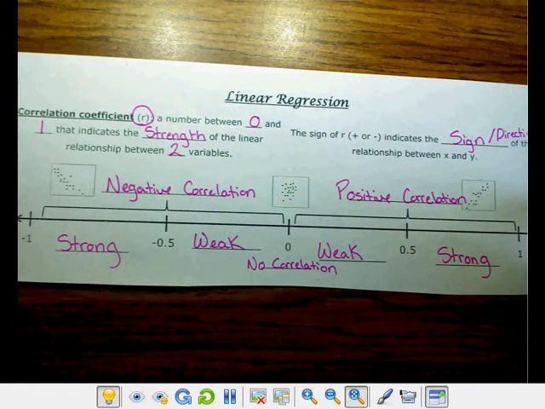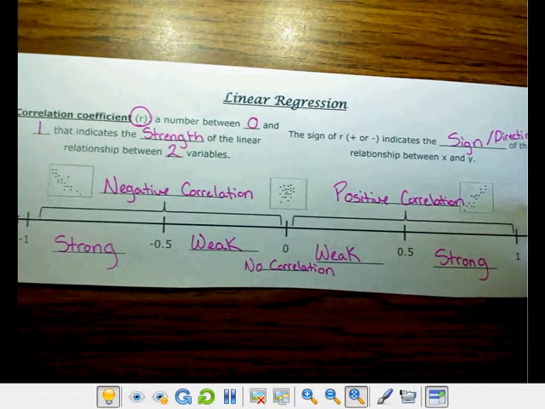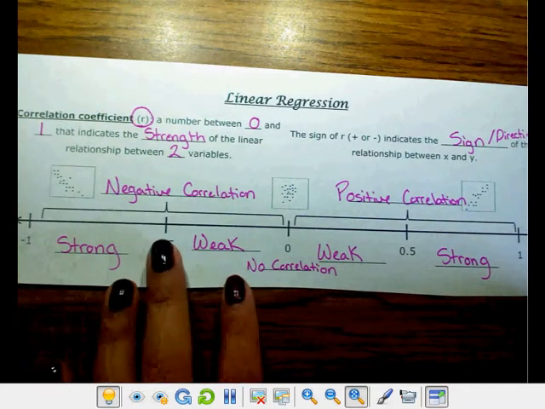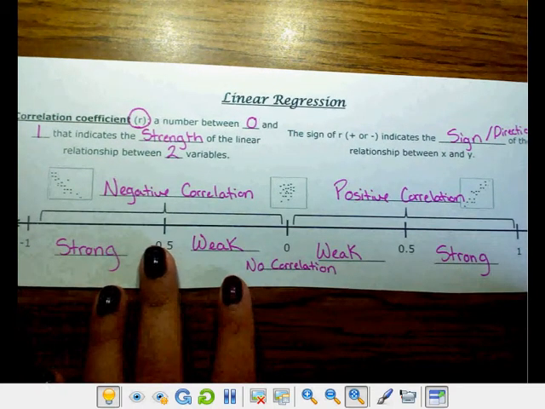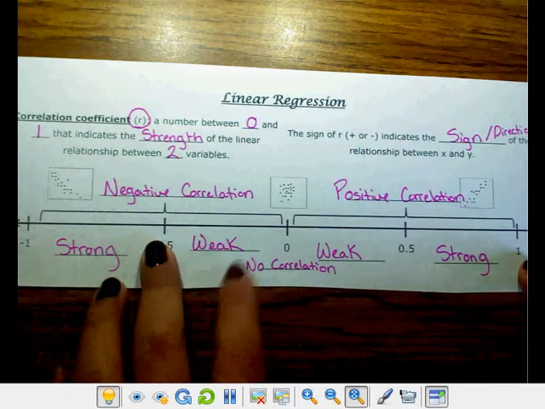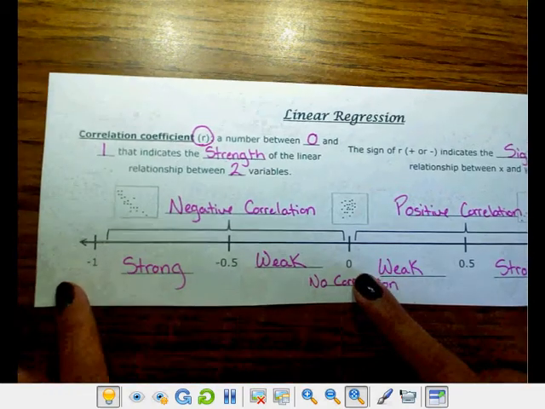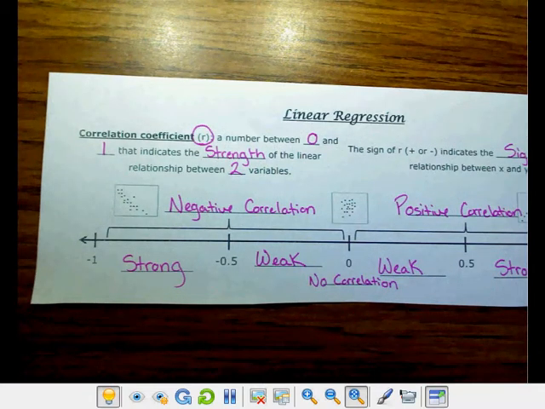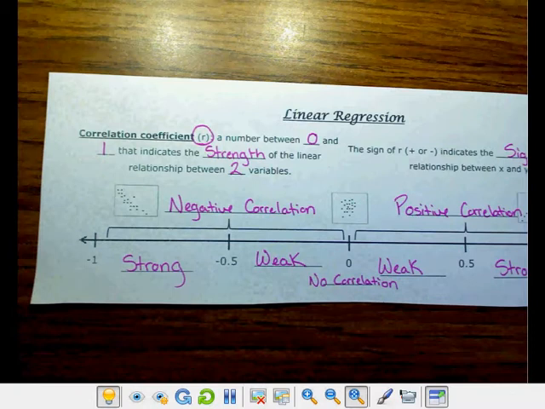But if it went all the way to 4, could number 1 be weak? But it doesn't. It only goes from 0 to 1 and 0 to -1. It's just for all of your correlation coefficients. For R, it just can't go outside of -1 and 1.